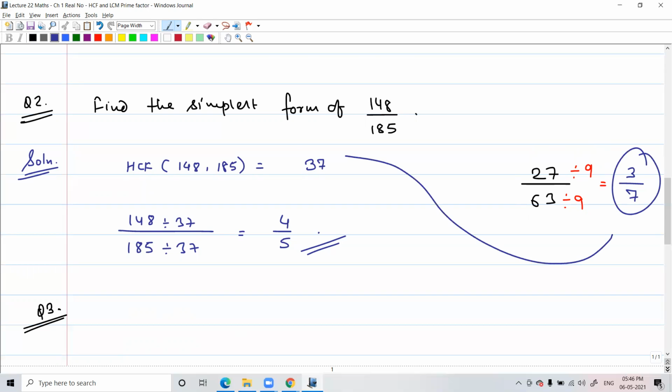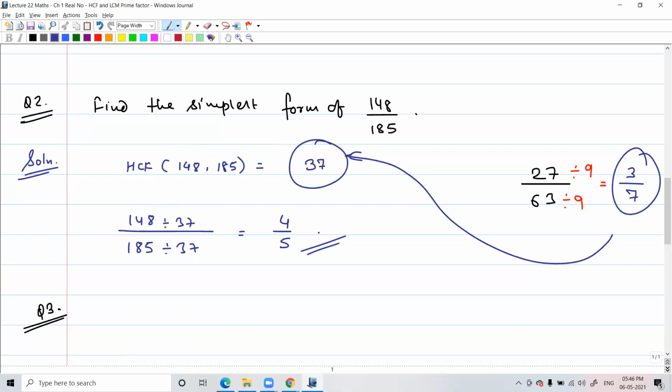So that is what we are doing here also. HCF, we had to find it. These numbers are big, so we can't do this calculation in our mind. So we have to do it using any of the methods we like. Either you can do it with Euclid's division lemma method, but that will be lengthy, a waste of time. So if numbers are small like this, just try to use the prime factorization method and find the HCF quickly.